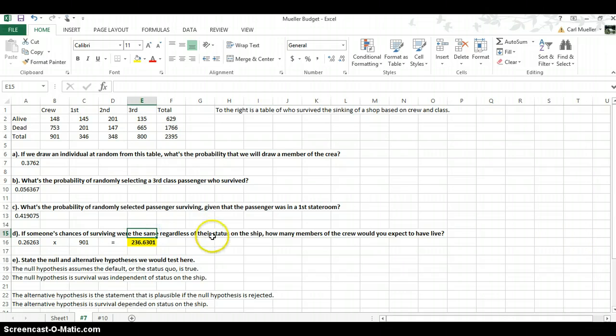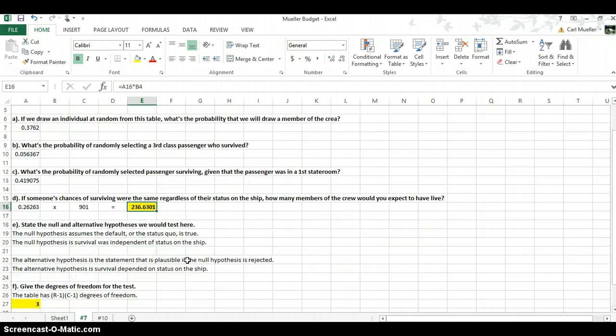And we're taking the crew population, which is 901. It's almost like calculating an expected value. So based on our probabilities, we would expect that 236 crew members out of the 901 would survive. So you can see the difference between observed and expected. That's what we're getting at here.